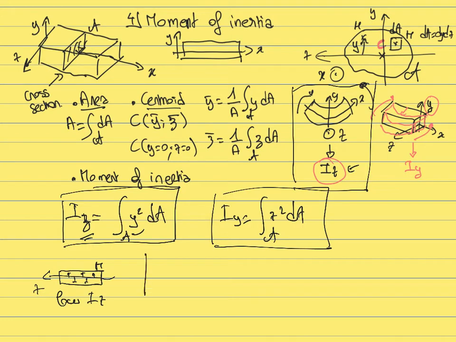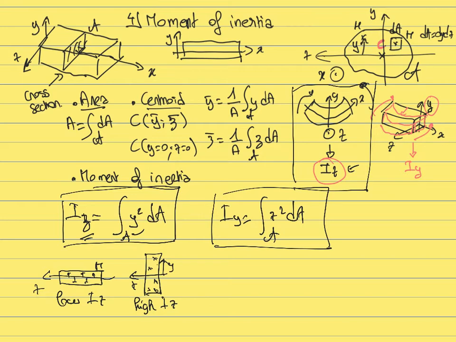On the other hand, if you have the same beam now, but oriented like this, so again this is the z-axis, now if you look at all the points m located within this beam, they are on average pretty far away from the z-axis. So when you integrate y square over the entire surface, that is going to give you a high moment of inertia about z.